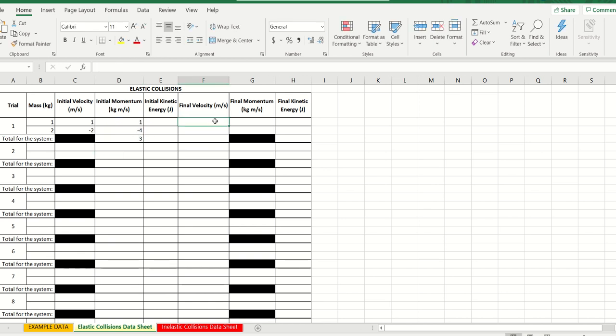And then we saw the final velocity was -3 for this one and 0 for this one, so the final momentum is going to be equal to the mass times the velocity here. And then the same thing for this one, it's equal to m2 times the final velocity, which was 0. And let's see.